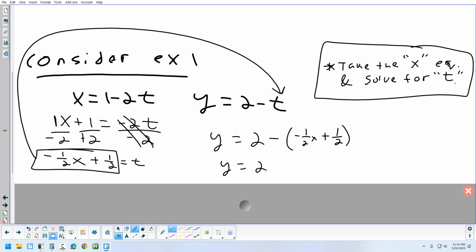Okay, we have to distribute out the negative. What's -1/2 x? Half x. And what's a negative times a half? -1/2.